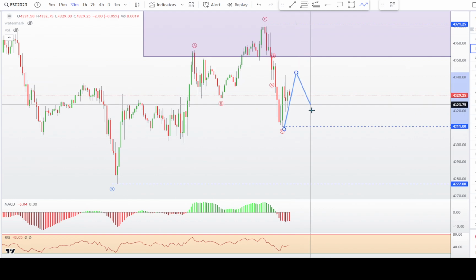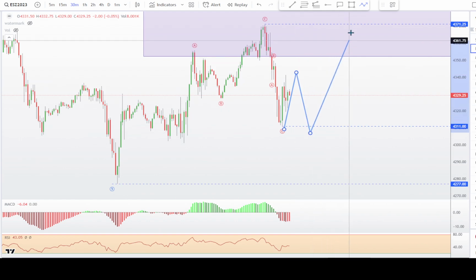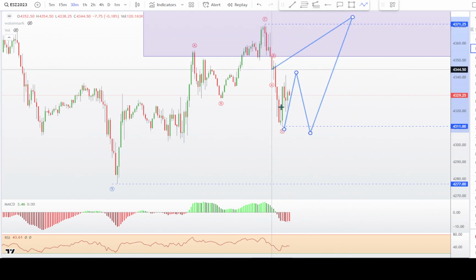Like this first ABC, that might just be the A wave of the third wave. They're correcting now. They might come back down one more time, then go up. So then you have an ABC, and that'll be A, B, and then they'll come up for C. So I think it's going to be choppy, and given the data points that are coming out next week, you could be getting this push-pull, tug-of-war thing going on. Each data point looks good, the next one comes out and it's bad, so going up and down.